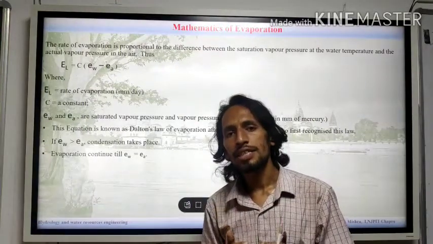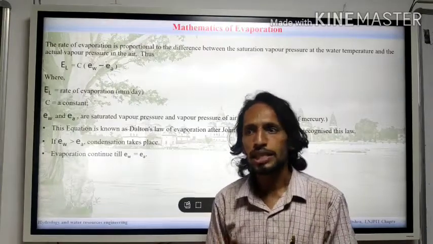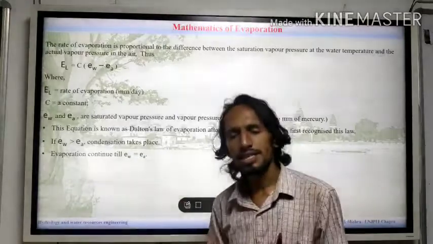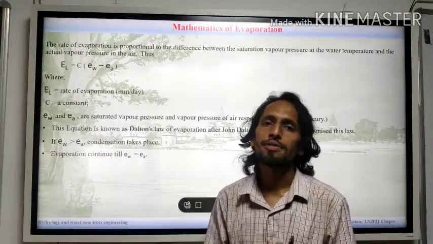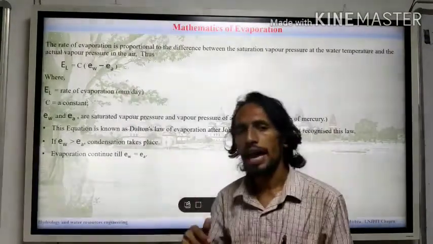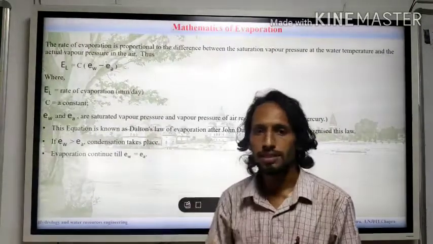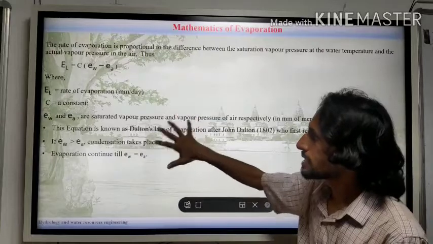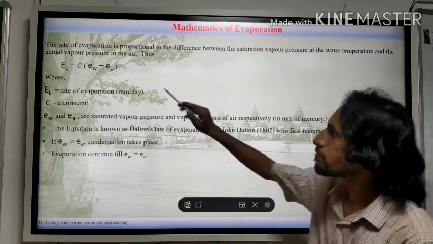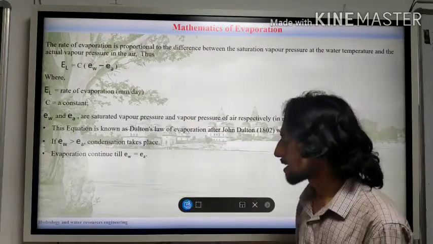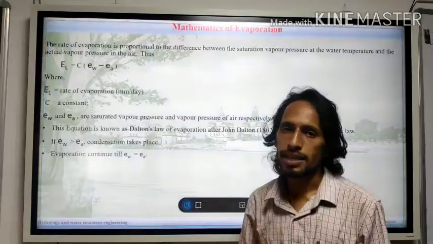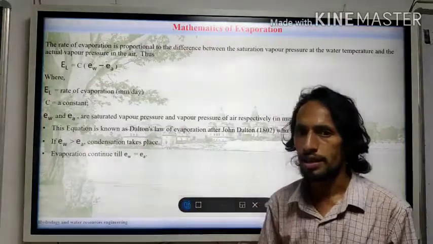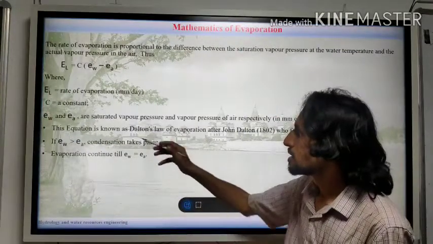If somebody asks you how much is the evaporation in a particular condition, you have to recall this formula, and based on this formula you can answer those kinds of questions. This formula is given by Dalton, and thus it is also called Dalton's law of evaporation.